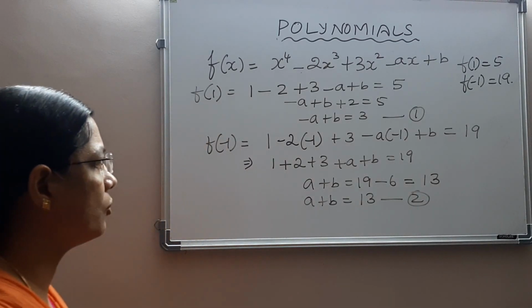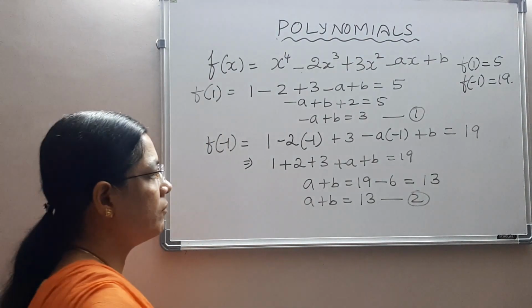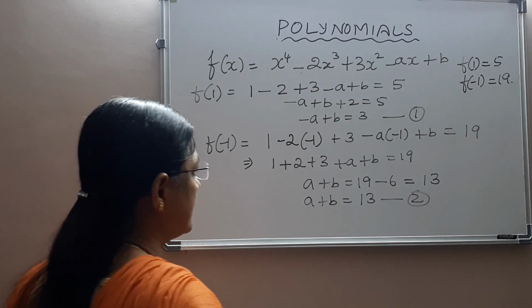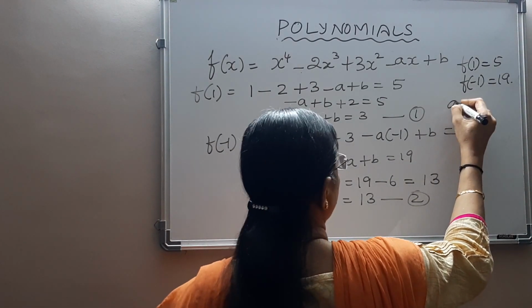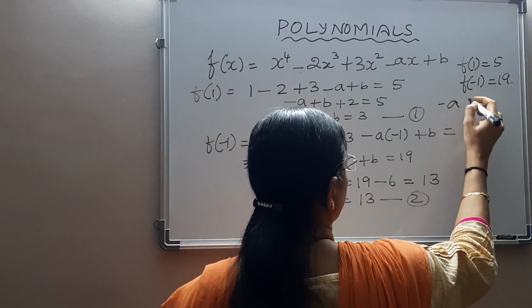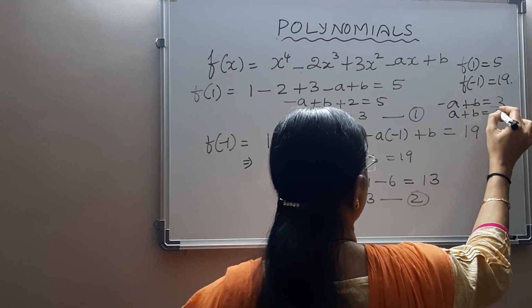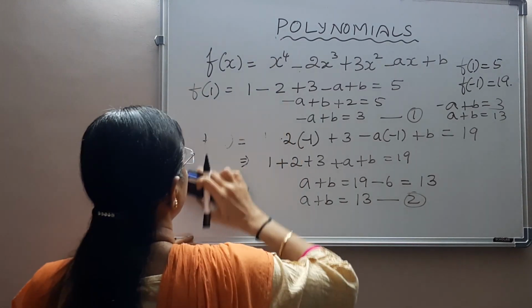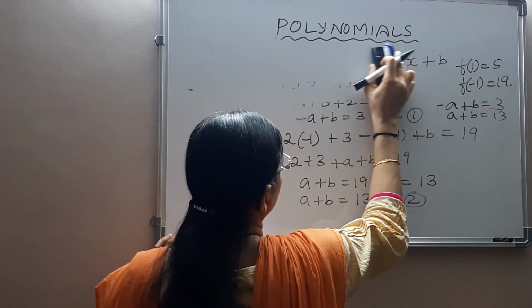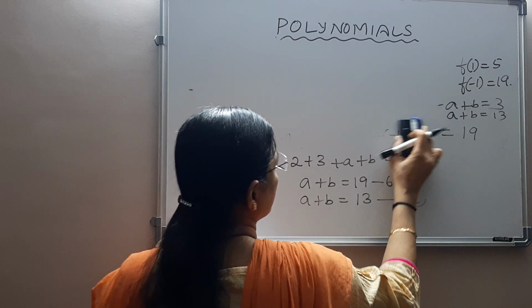Now do you understand how we get both the equations from the given conditions? So minus a plus b is equal to 3 and a plus b is equal to 13. Now we'll solve the two equations to get the value of a and b.